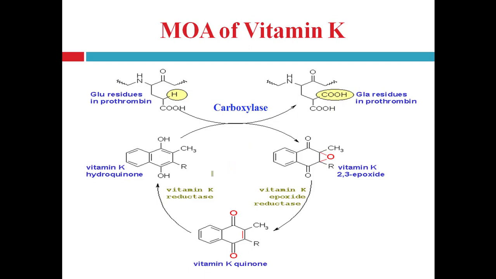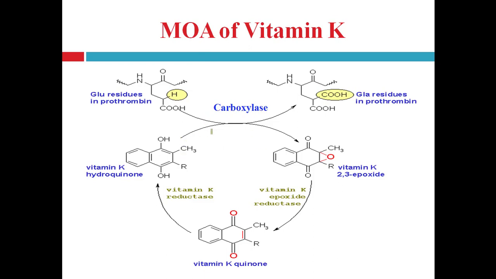During this process vitamin K, which is in hydroquinone form, is converted into the vitamin K 2,3 epoxide form. See here, the epoxide form is generated during the carboxylation of glutamate residues of prothrombin and other factors.